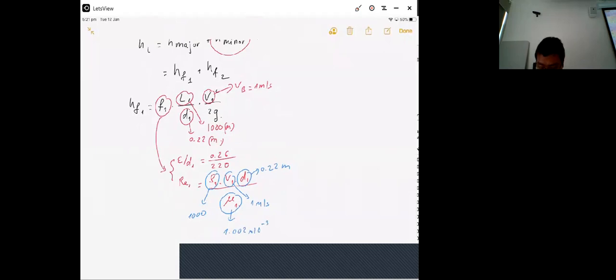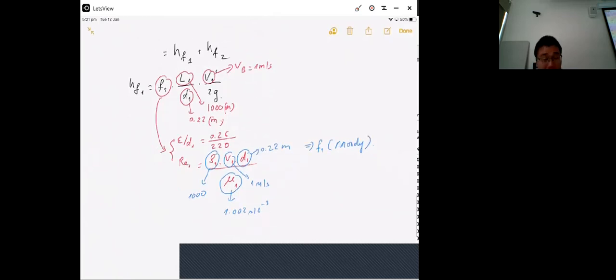From Reynolds number and epsilon over D, you find F1 from the Moody diagram. In question 2, you don't have to use the trial method, because we know the velocity already. When we know the velocity, we can find the friction coefficient directly from the Moody diagram.